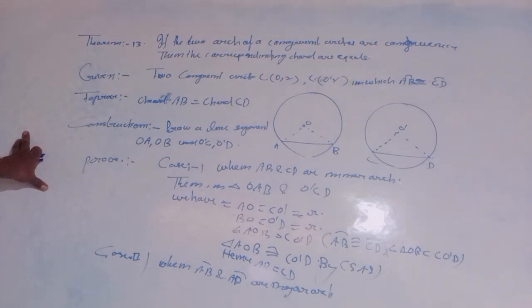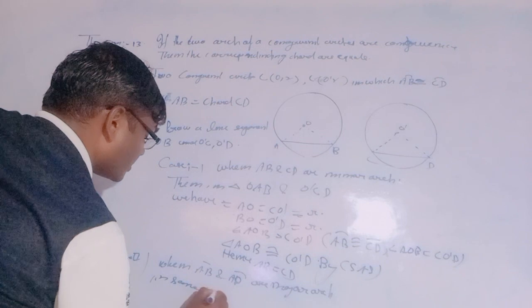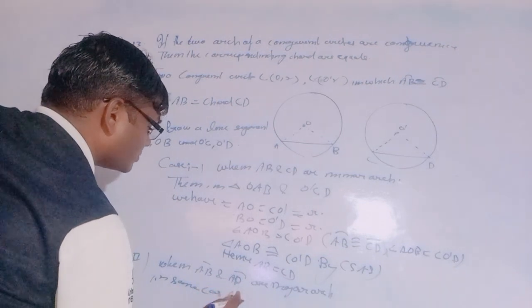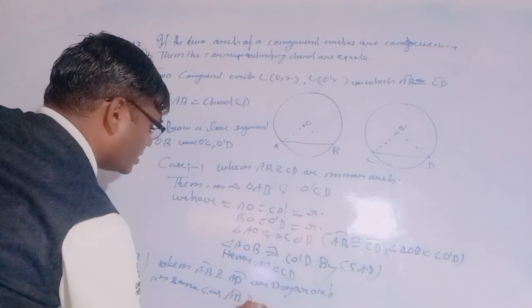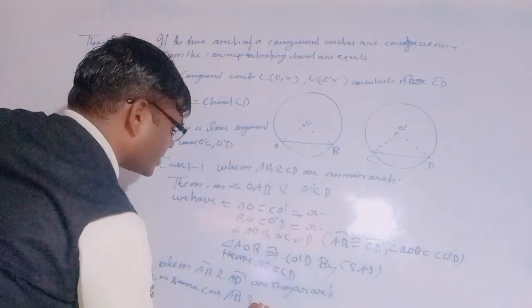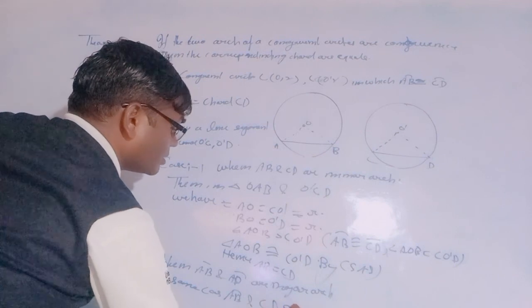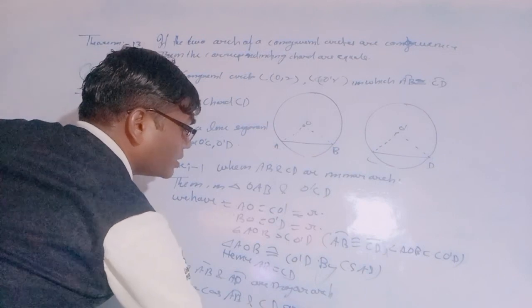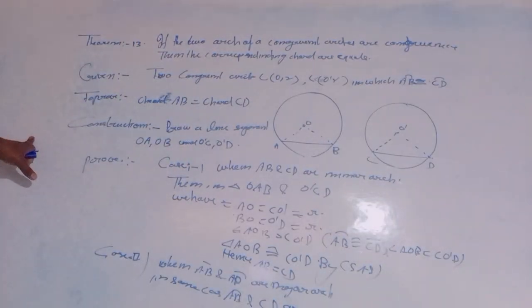Then in the same case, AB and CD are minor arcs. This becomes minor arcs. Got it? AB and CD are minor arcs.